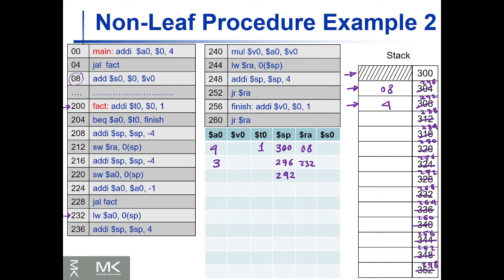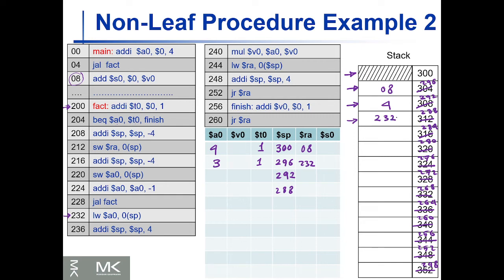So in fact, addi T0 0 1, so again T0 becomes 1. Does 3 equal to 1? No, so we're gonna continue. Addi SB minus 4, 288. Store RA, so now we are pointing here. We're gonna store RA here, 232.